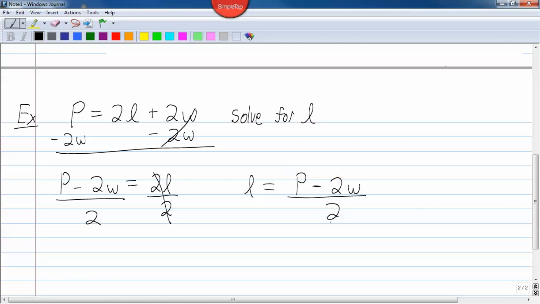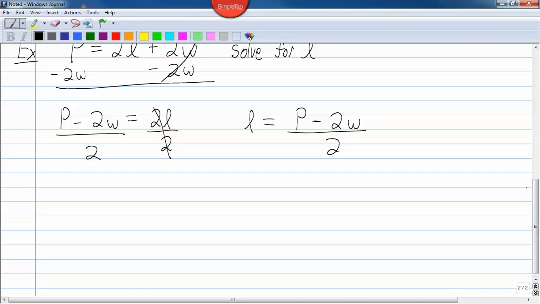But since they both don't have a 2 in front, that's our final answer. Alright, so we should be able to solve formulas like that by just doing the order of operations, or the order that we would if it was an equation.